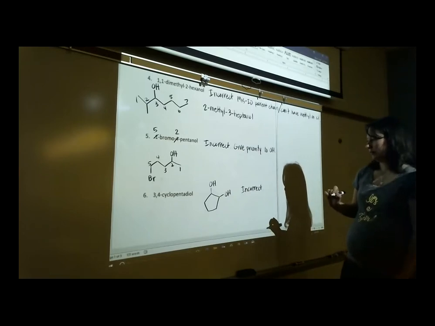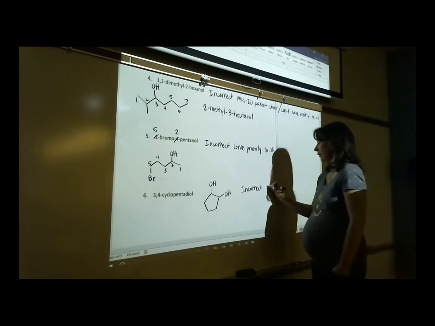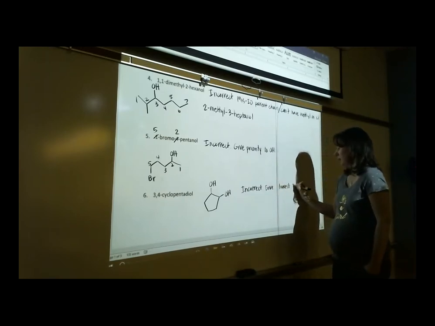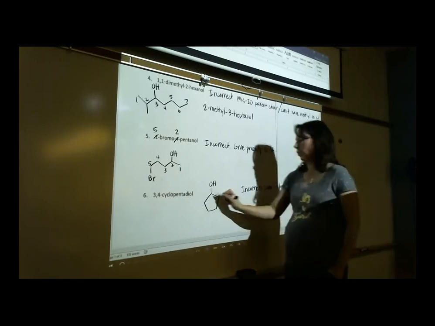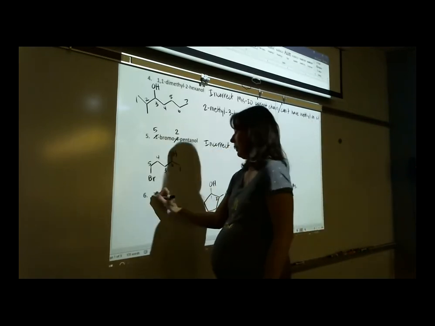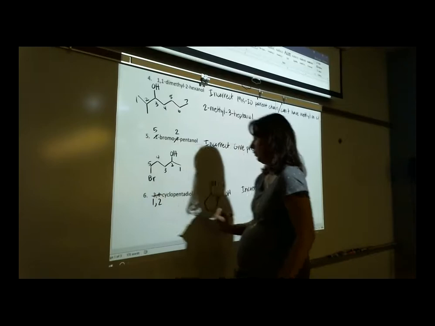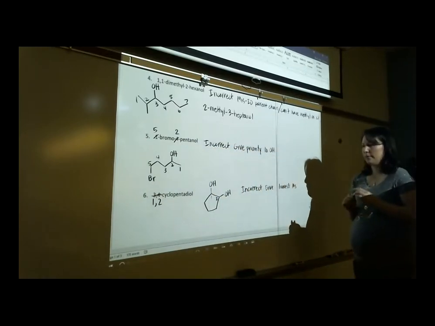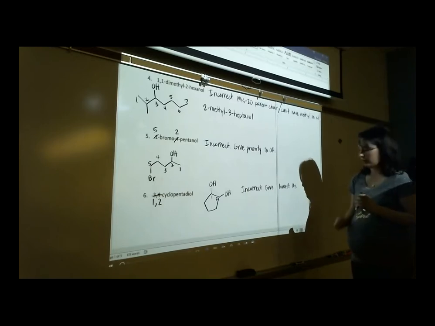One of those has to be carbon number 1. Right. Give lowest numbers. So you could go 1, 2 either way, right? It should be 1,2-cyclopentadiol. We good on these?